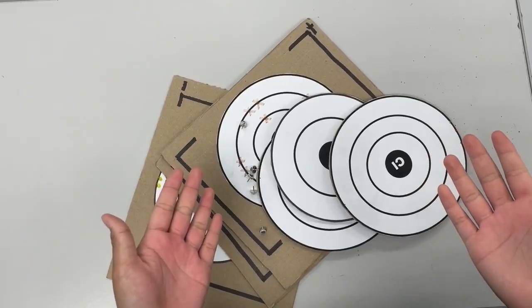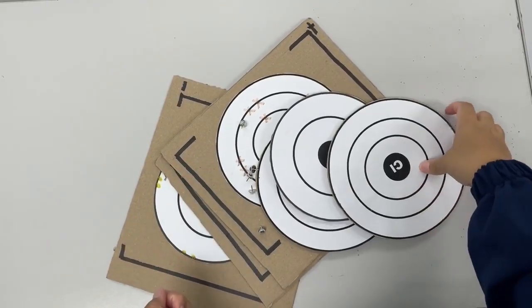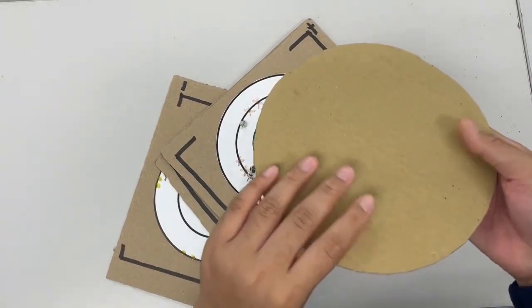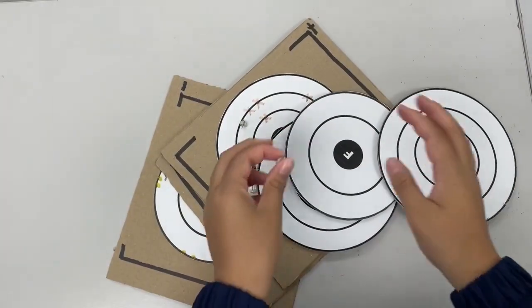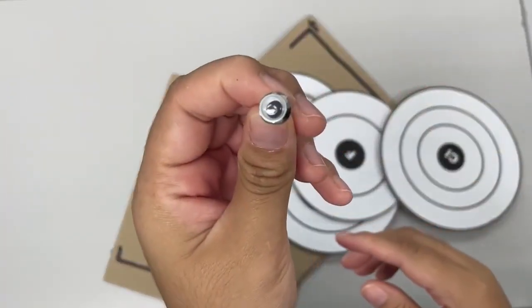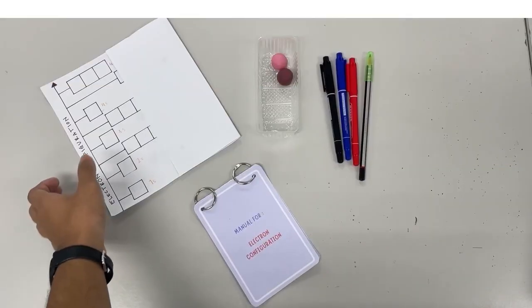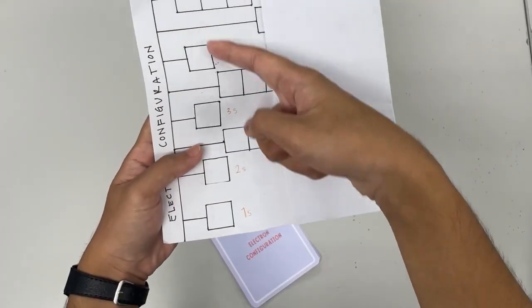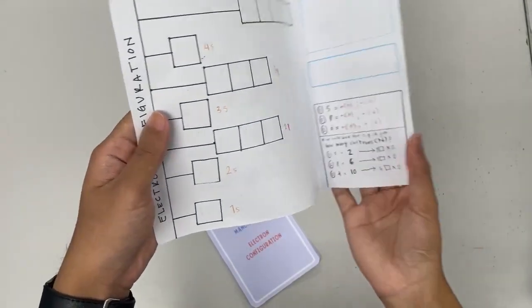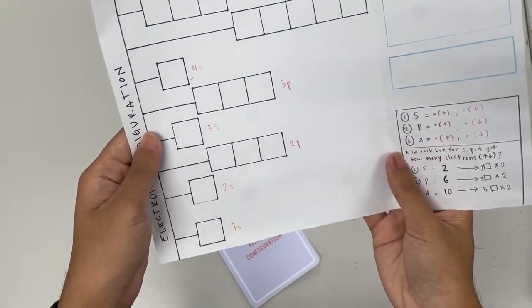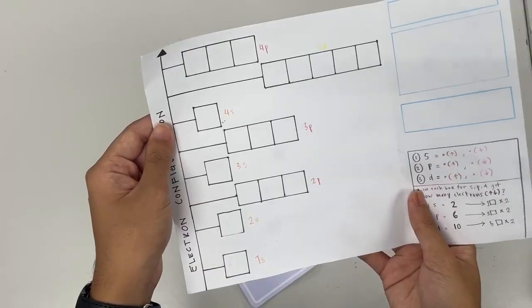This is the component of ionic bond, which has cardboard, paper, and googly eyes that stick together with thumbtacks. First, it has a box to fill with clay to represent the orbital diagram.